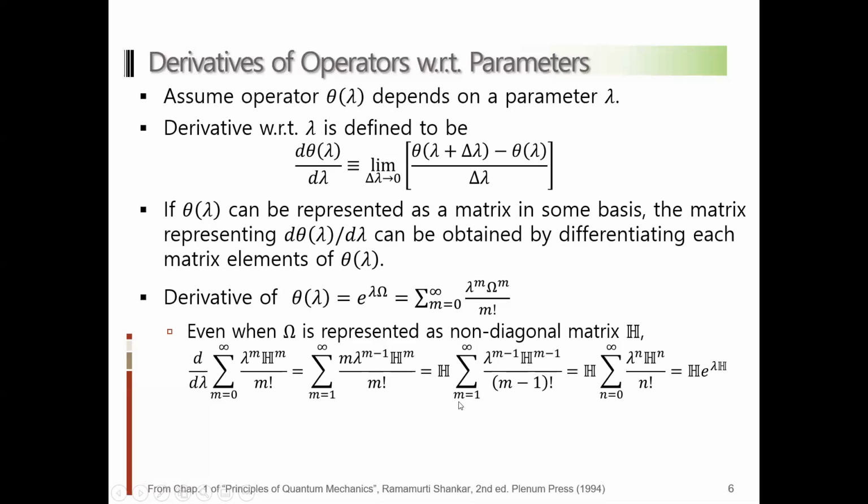And finally, m is a dummy index, so we can just replace it with n, and we can make sure that the index starts from 0. In which case, it will turn into this shape.